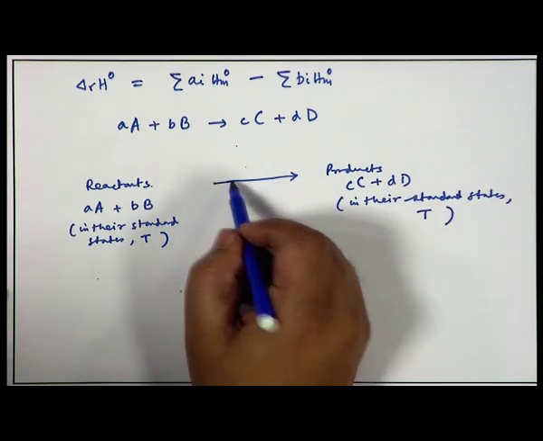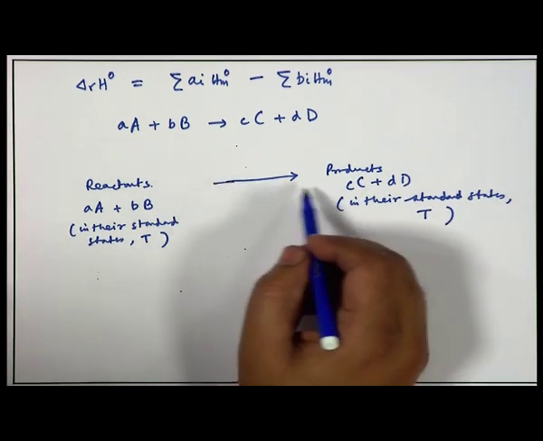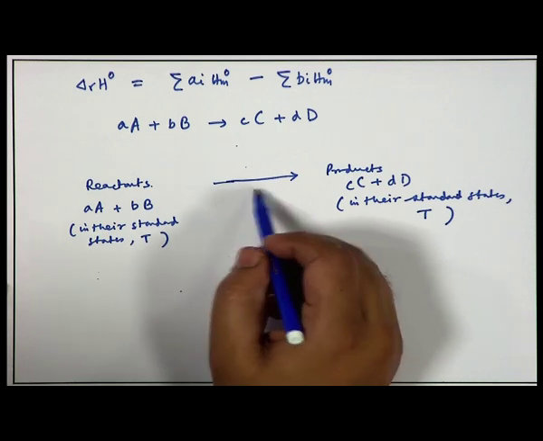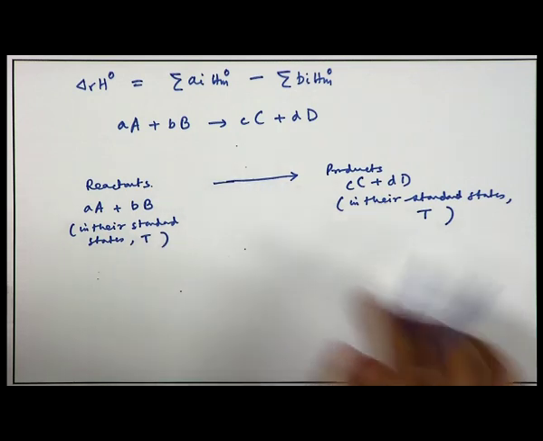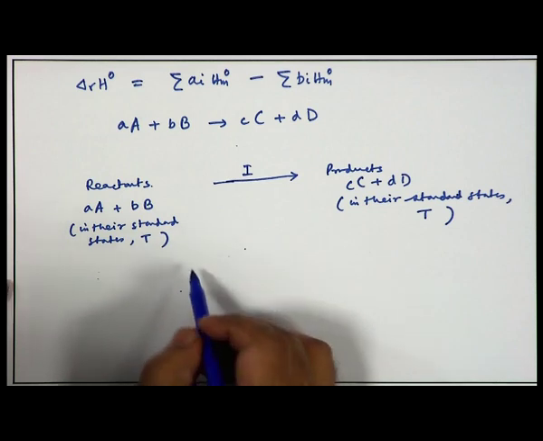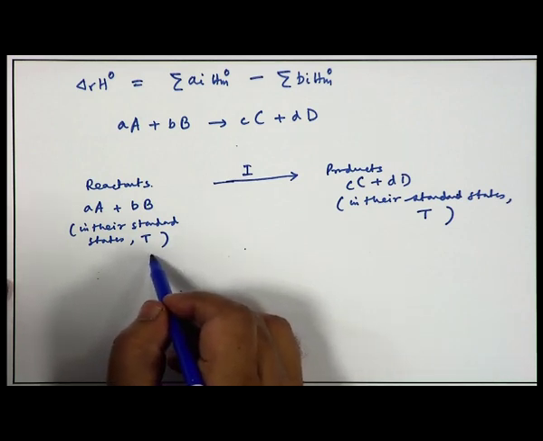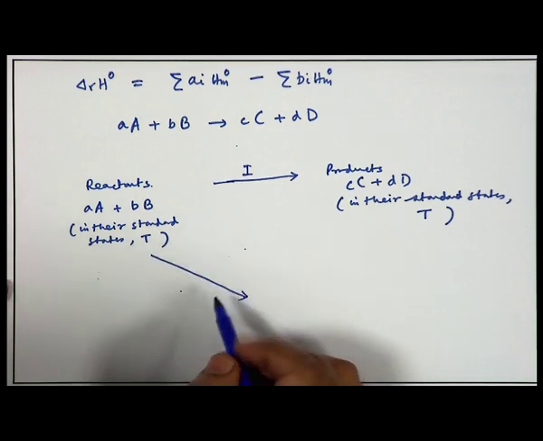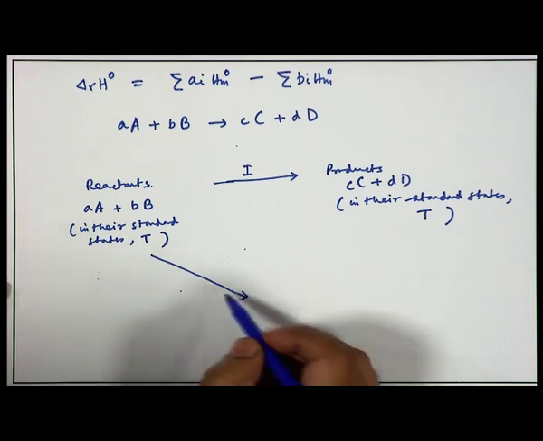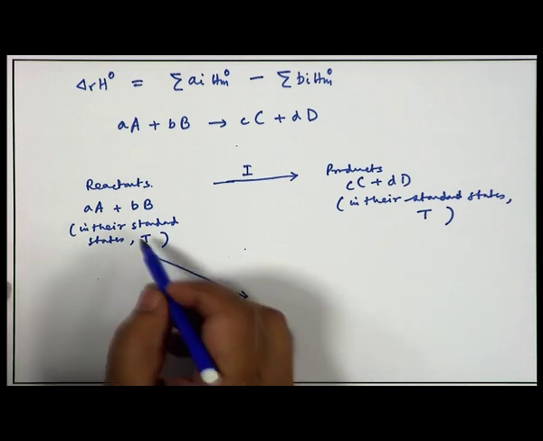So, this is our reaction for which we want to get the reaction enthalpy, or delta H R. We mark this as equation number 1. Now, we can divide it into 2 steps.